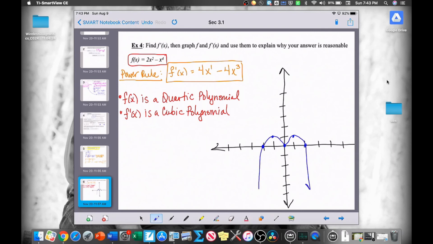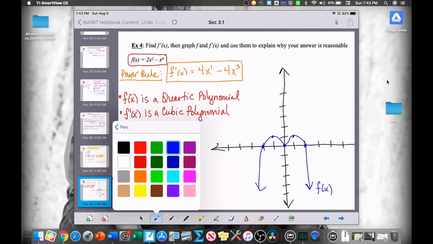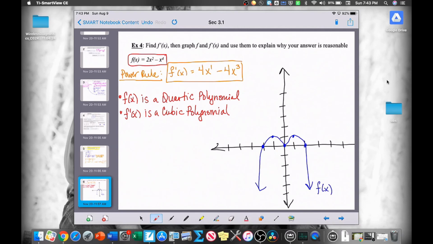It looks kind of like a curvy capital M. And this was our f of x. And then our f prime of x, our cubic polynomial, passed through 0, 0. And it had x-intercepts at -1 and +1. And it looked something like that.